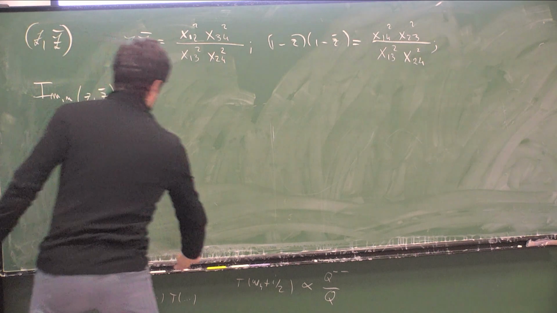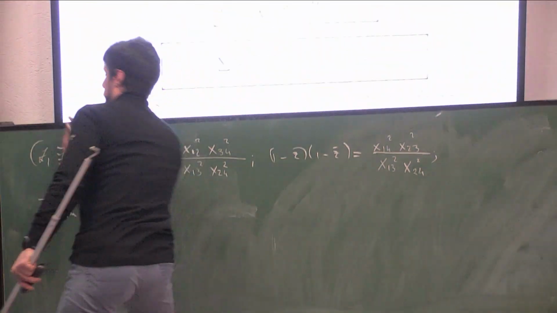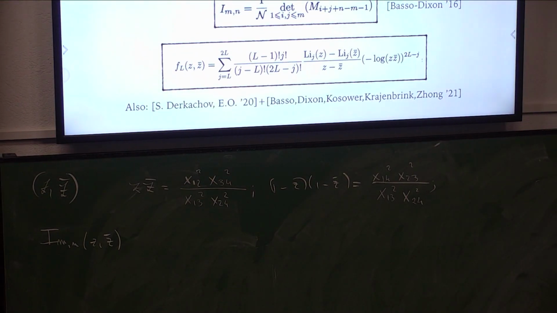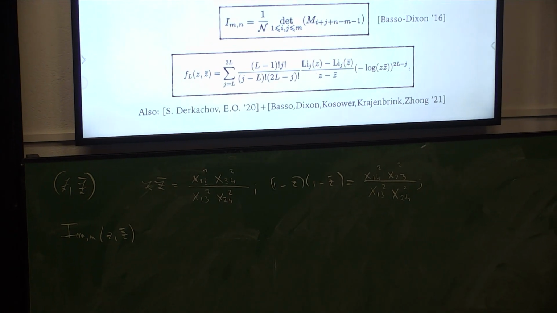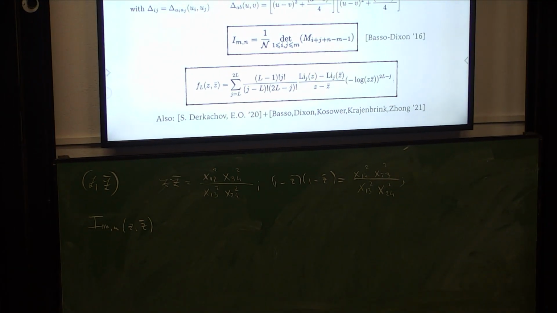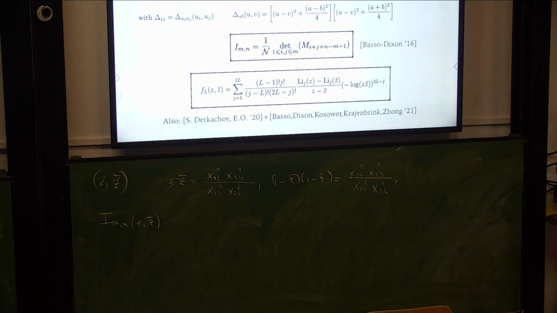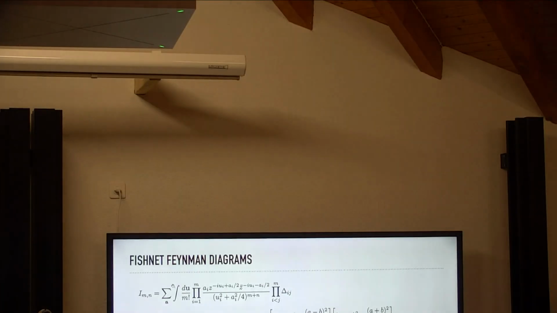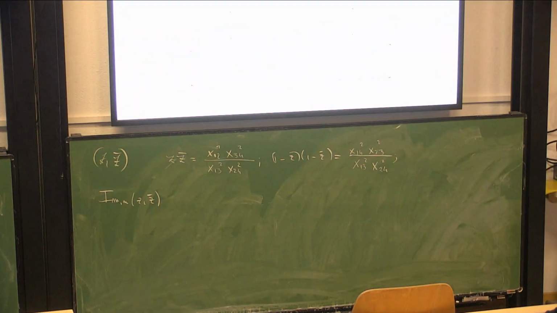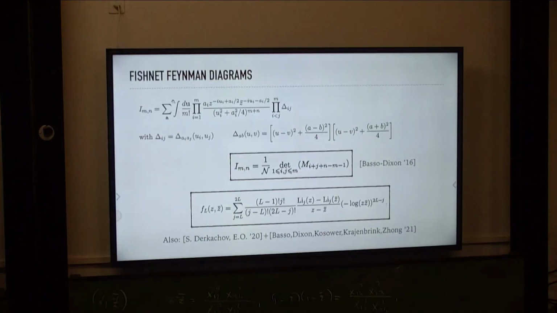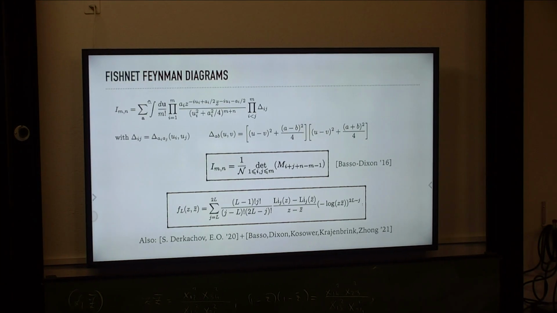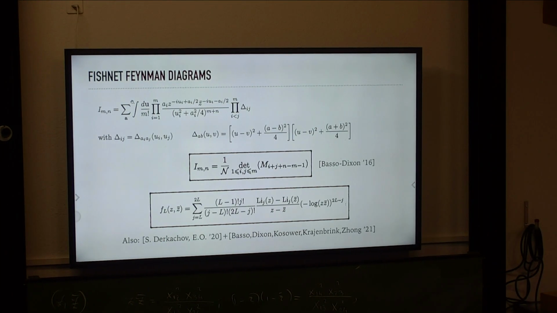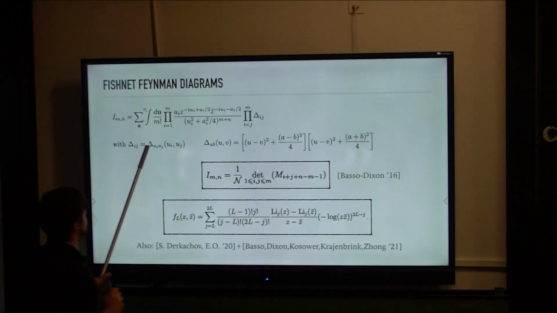So the point is that if you look at this expression now, there are no space-time integrations. The space-time integrations disappeared, and they were m times n, so a lot of space-time integrations in 4 dimensions, a very, very complicated problem in principle. At the price of gaining m integrations over the real axis in these variables u_i, for i going from 1 to m, and m summations over the integers a.